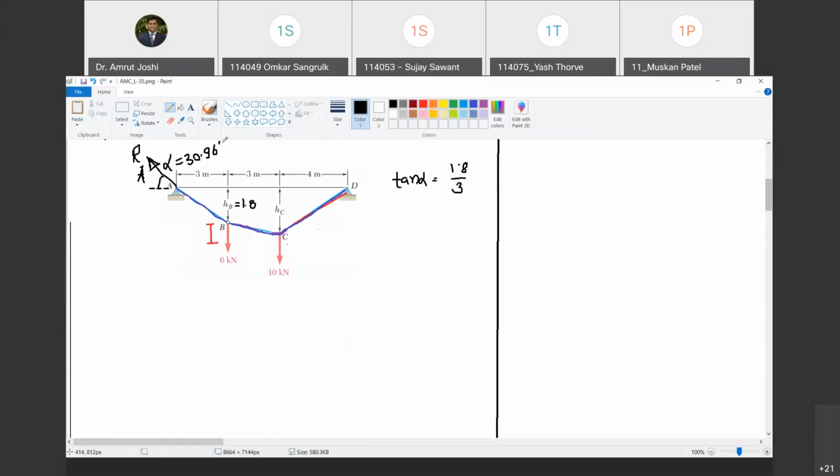Is it correct? Yes, sir, tan inverse of 1.8 by 3. So this has already been done. Then you are also going to have a reaction here along string CD. I am going to show that reaction as RD, and it makes an angle beta with the horizontal. Are you with me?